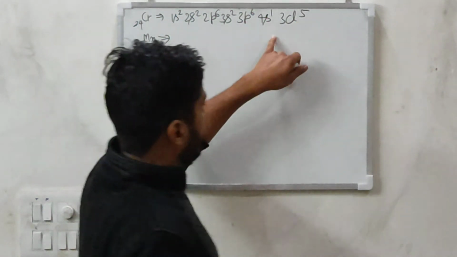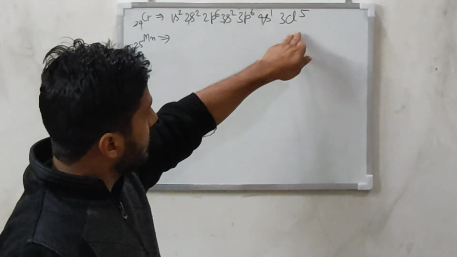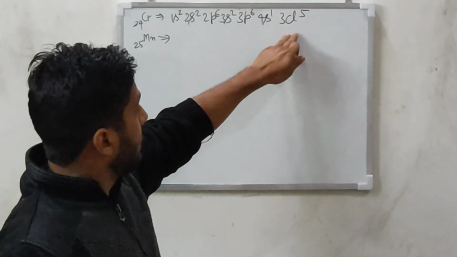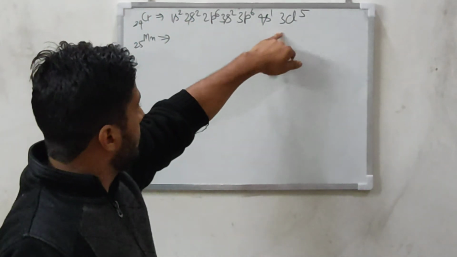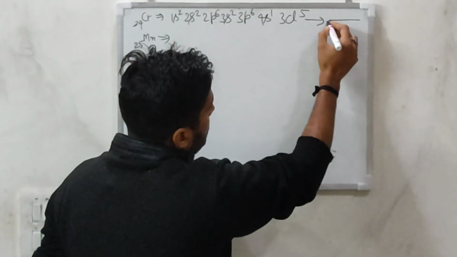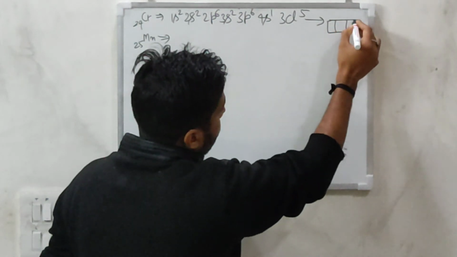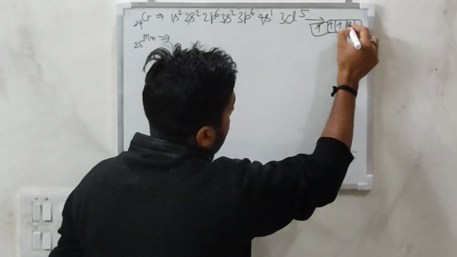That is the electronic configuration. One electron of 4s jumps into the 3d subshell to stabilize this element more, because the 3d subshell is then exactly half filled: 1, 2, 3, 4, 5.